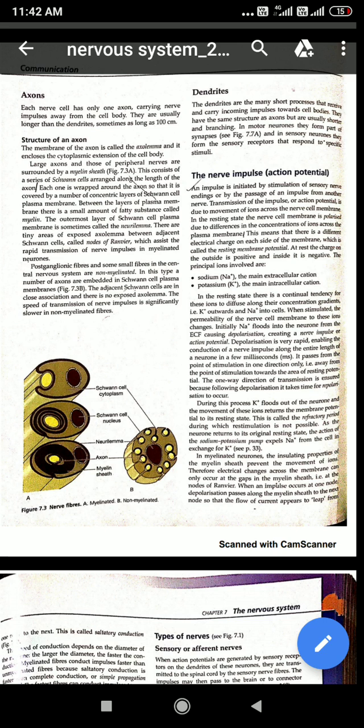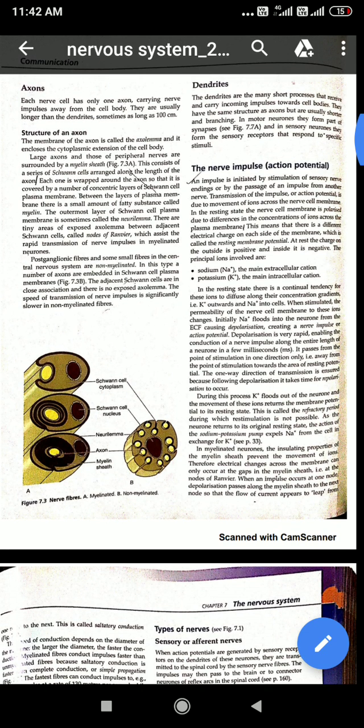The one-way direction of the transmission is ensured because following depolarization, it takes time for repolarization to occur. During this process, potassium floods out of the neurons and the movement of these ions returns the membrane potential to its resting state.